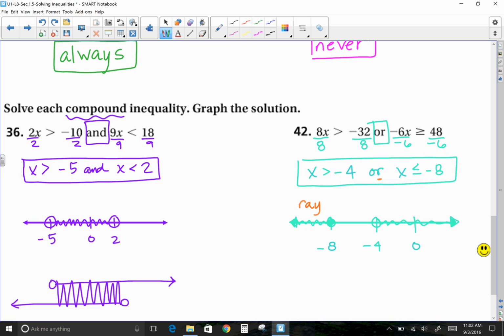So more times than not, when you have an or statement, you will have rays. This over here, if you remember from geometry, is a line with two endpoints. And if you have a line with two endpoints, we have a segment. It's important to remember: or is generally going to be rays, and an and will be a segment, and we will tie that in with the next couple of lessons.